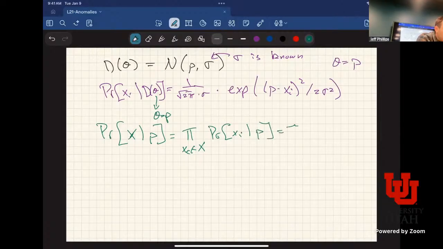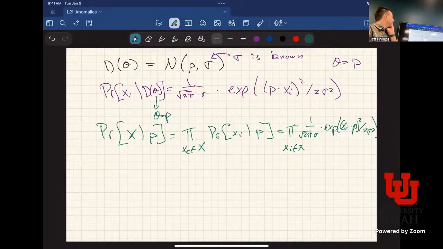And this is equal to the product of x_i and exp of 1 over 2 pi sigma times (x_i minus p) squared over 2 sigma squared. Now I can write down the full probability of x.